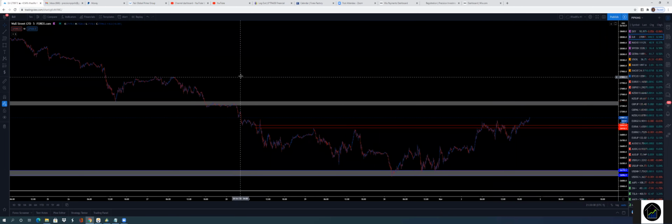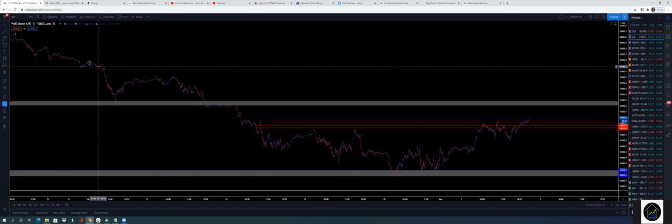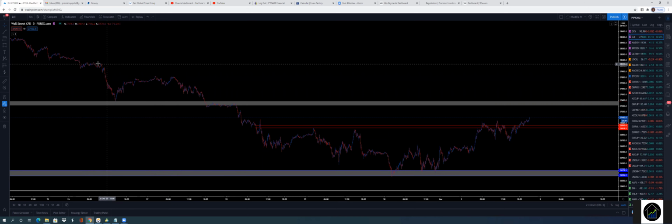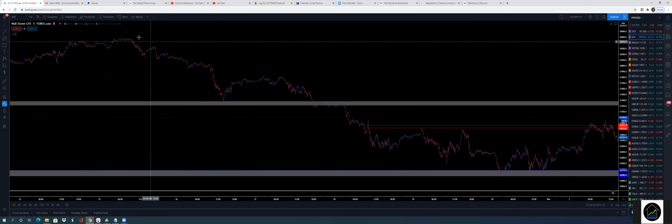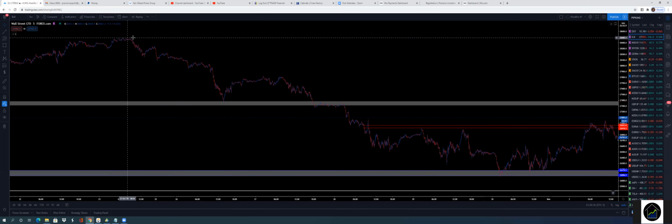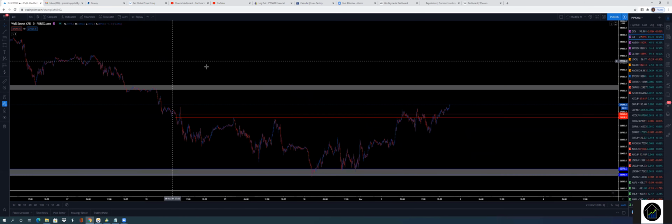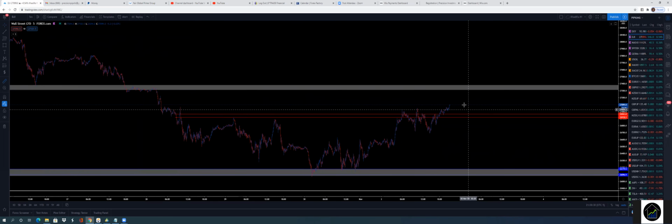And it could even keep pushing because this is clean, equal highs. Look at that. But keep in mind we are on a 5 minute chart, but still, look at that. That's clean. Those are a lot of pips.